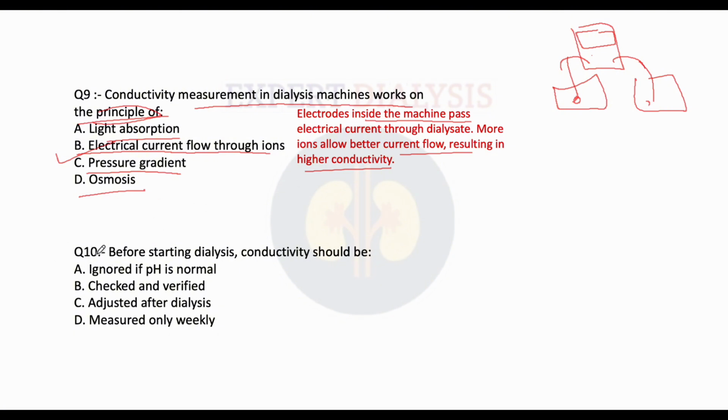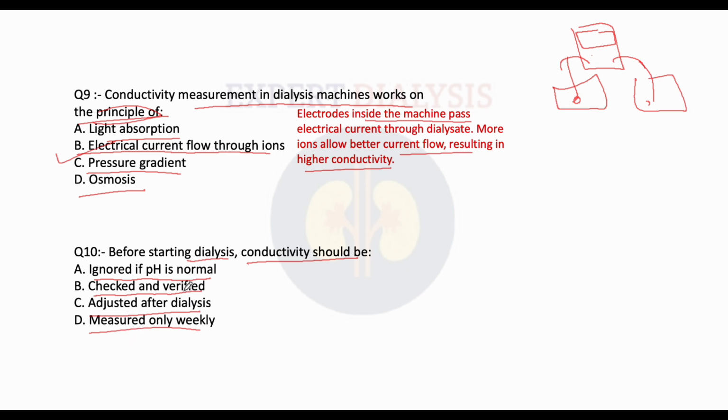Now moving to the 10th question, it says before starting dialysis, conductivity should be, option A says ignored if pH is normal, option B checked and verified, option C adjusted after dialysis, and option D measured only on a weekly basis.